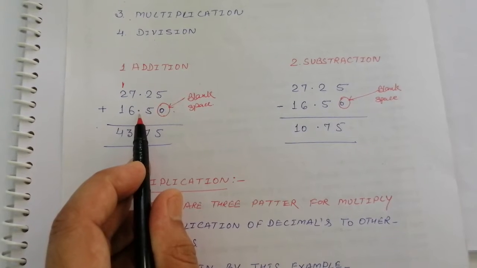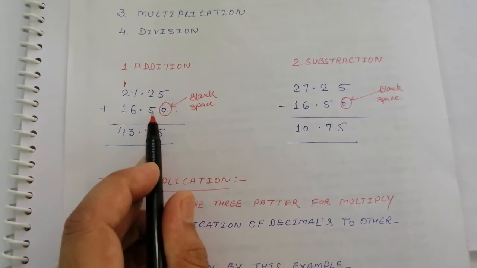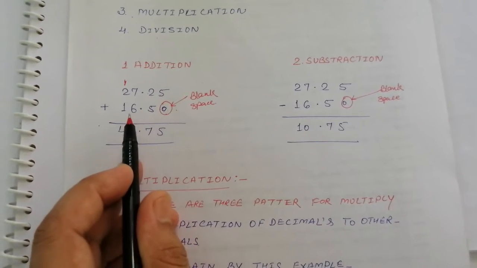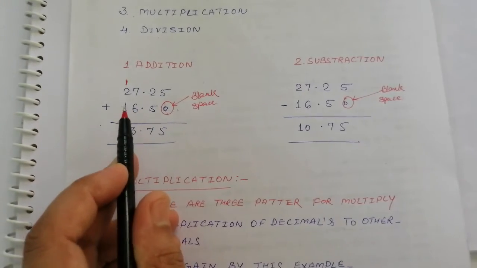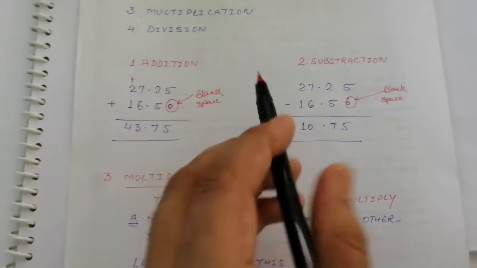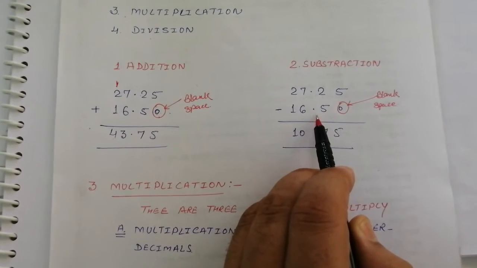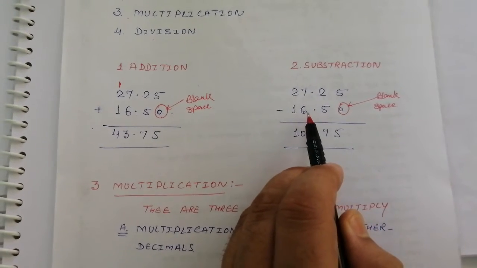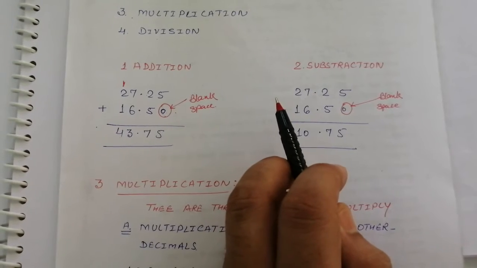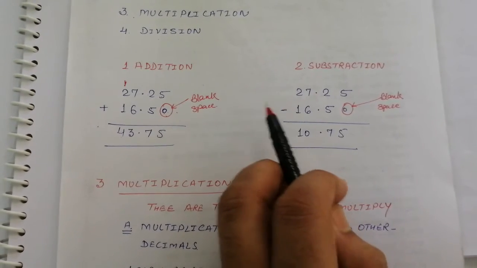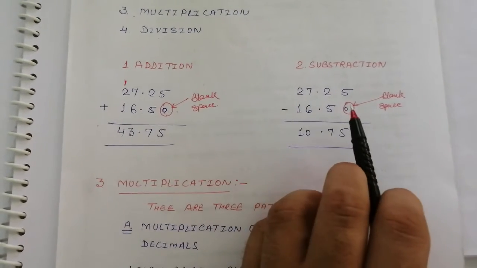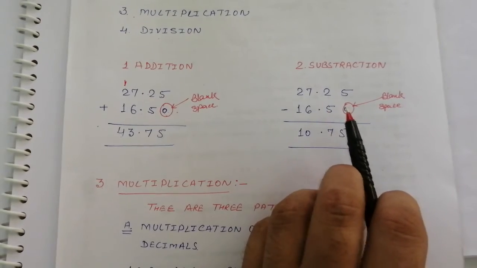In the middle is the decimal point, the right side has the decimal places, and the left side has units, tens, and so on. Subtraction of decimals: in the middle is also the decimal point, with units, tens, etc. on the left and tenths on the right.